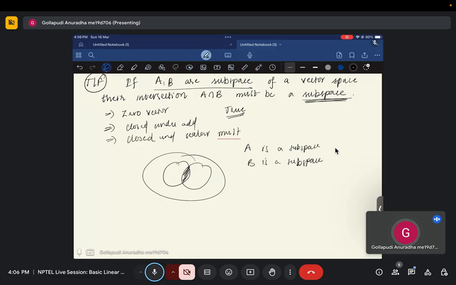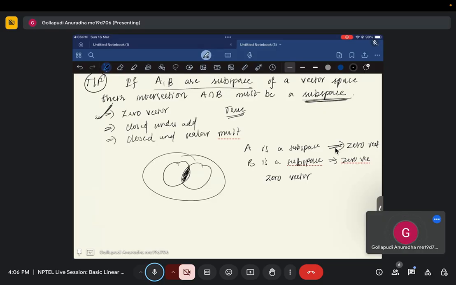Definitely the zero vector will be there in the intersection, because A is a subspace and B is a subspace. So at least it will have a zero vector. So this condition is satisfied.